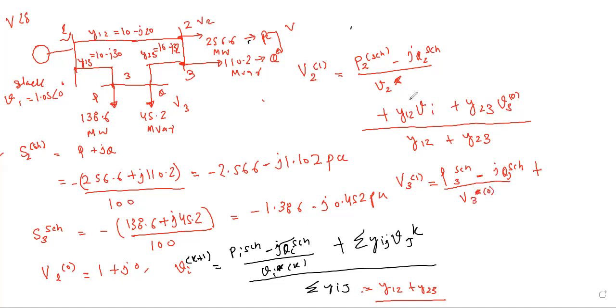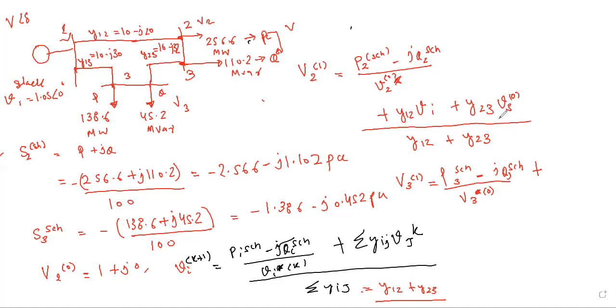Here also V2 conjugate 0. Plus, tell me the other term. It would be from 1 to 3, now Y13 plus Y23.